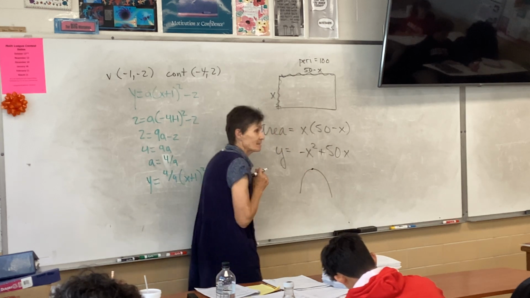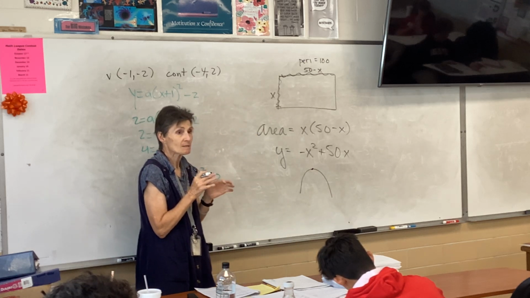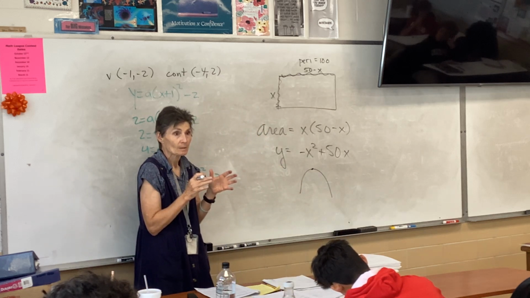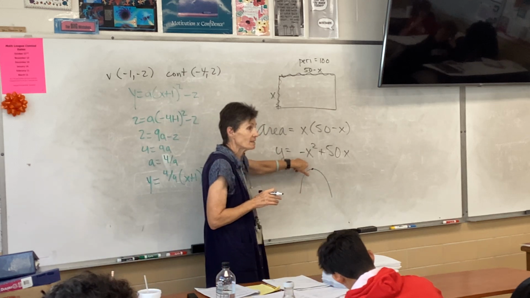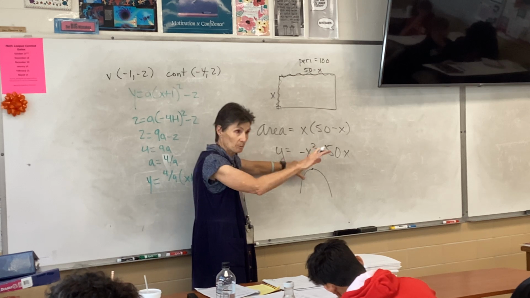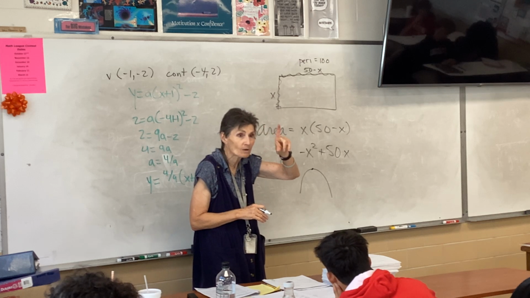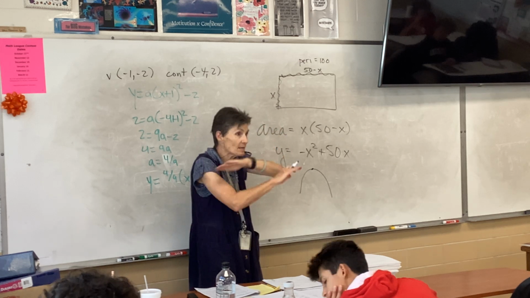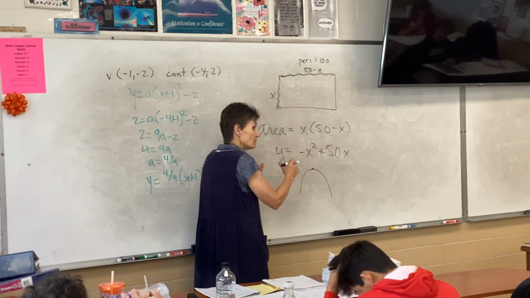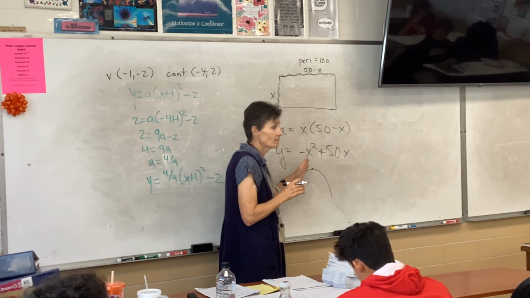What would the maximum be? 50. Well, the maximum would be the vertex, wouldn't it? So do I know how to find the vertex of this? Yeah. I can complete the square, or I can use negative b over 2a. Either way is fine. If you complete the square, you gotta factor out the negative 1.